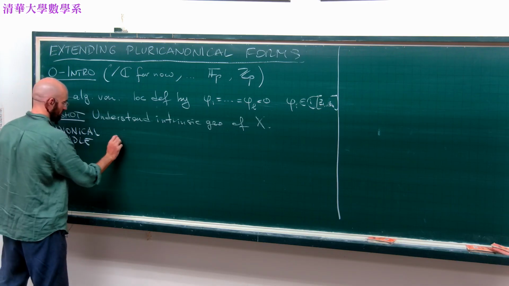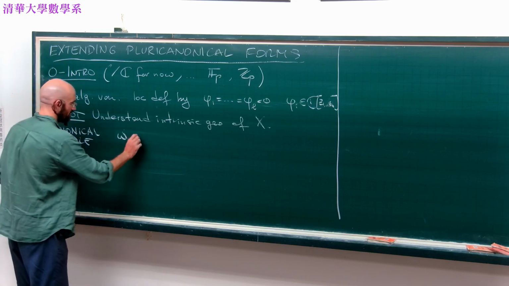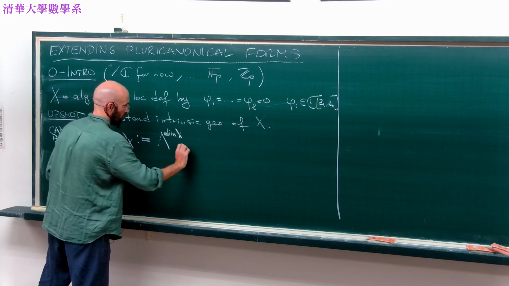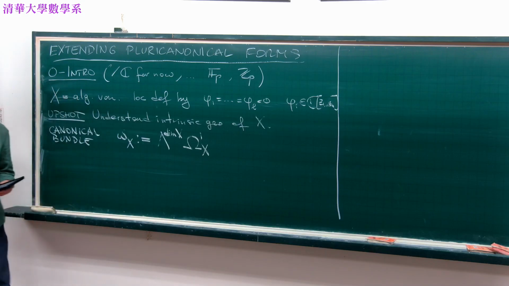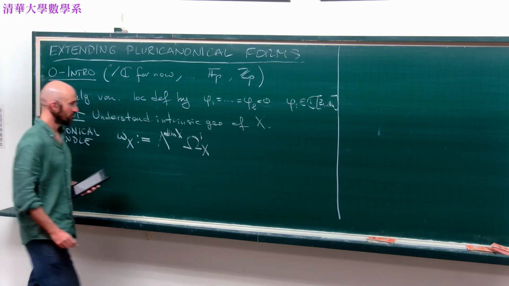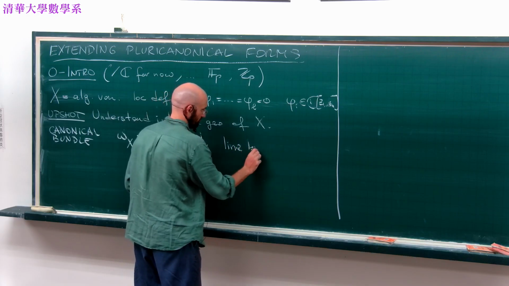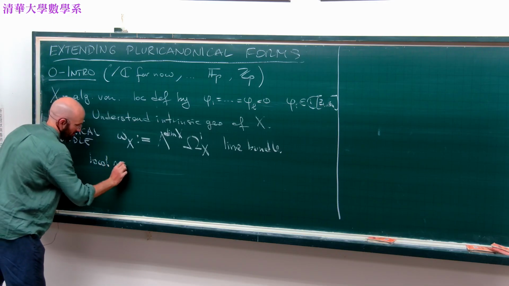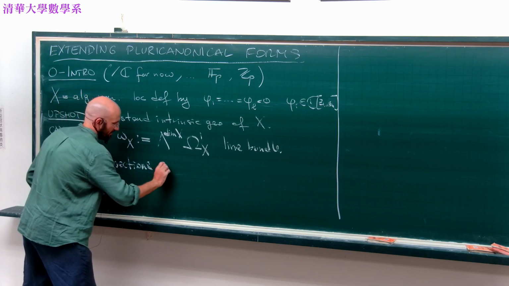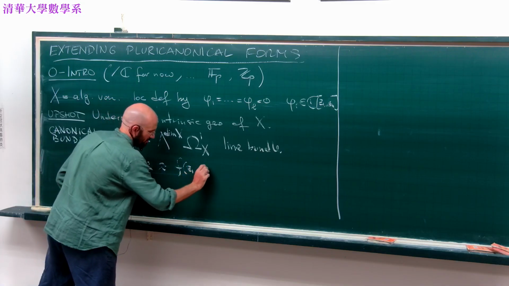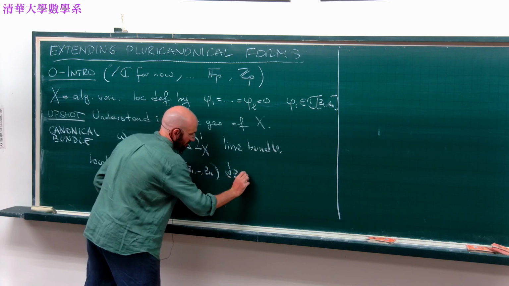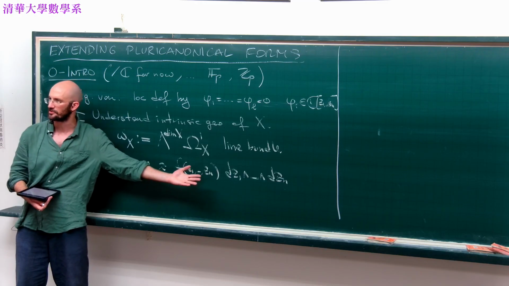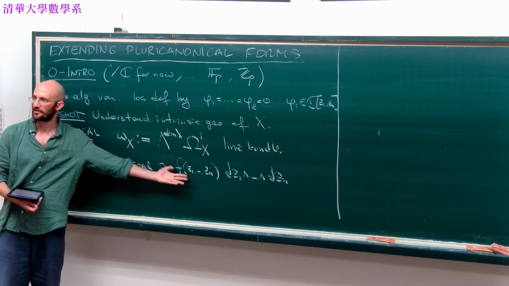This object will be denoted by omega X. By definition, this is just the top wedge power of the cotangent bundle of X. So this is a line bundle, and its local sections look like a holomorphic function times dz1 wedge ... wedge dzn, where these are just local holomorphic coordinates on your manifold. This is what a local section of this line bundle looks like.